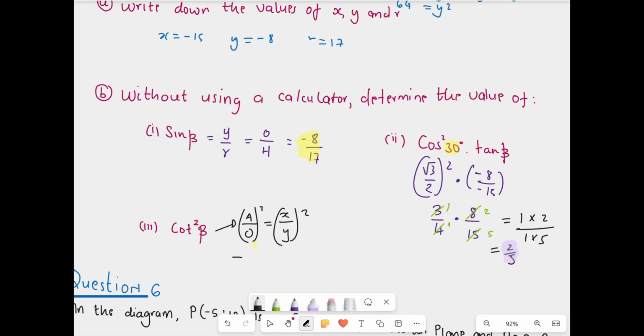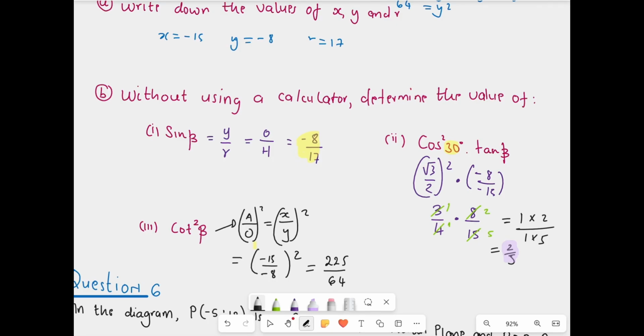So that means this is equal to, now what is our x? Our x is negative 15 over, what is our y? Our y is negative 8, all squared. And then this will give us, I think it is 225 over 64, if I am not mistaken.